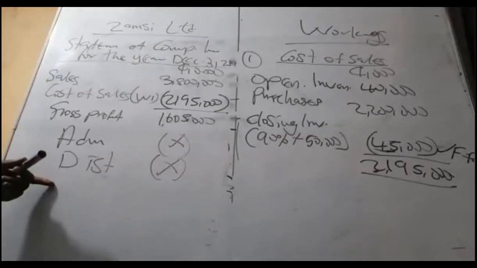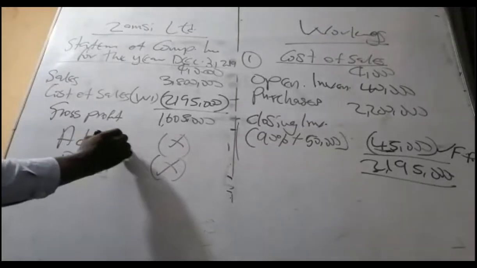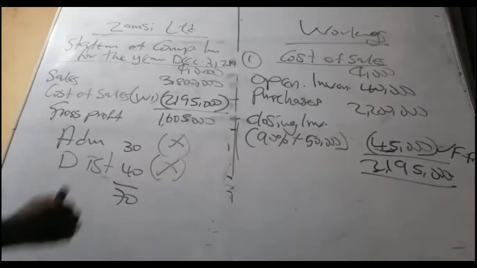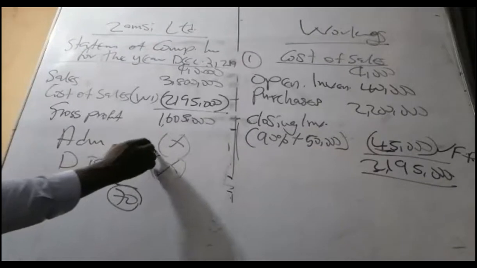But here there's a danger. What if you had 30, 40, the total is 70? The total figure is correct, but individually it is wrong. It's supposed to be 20, 50.